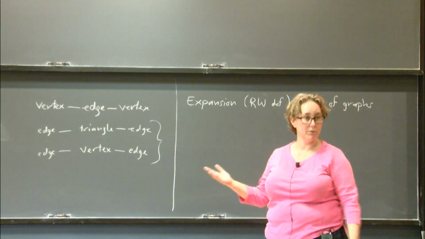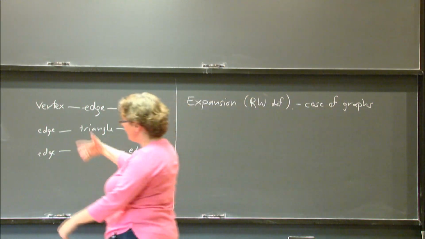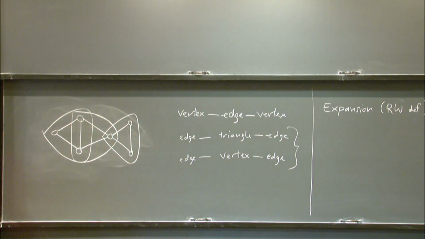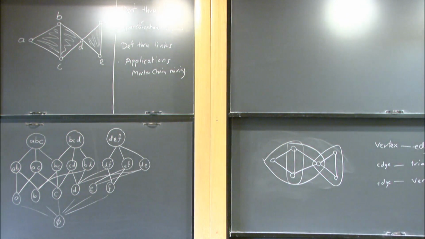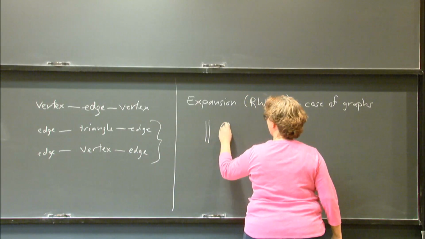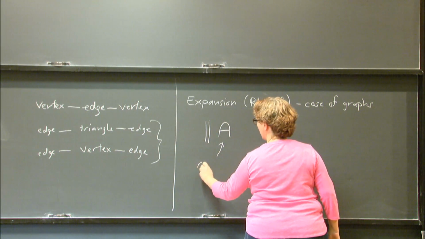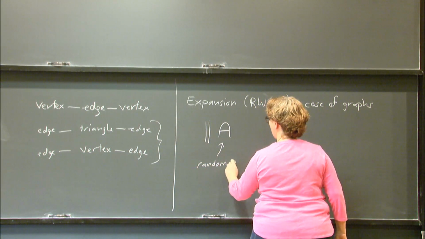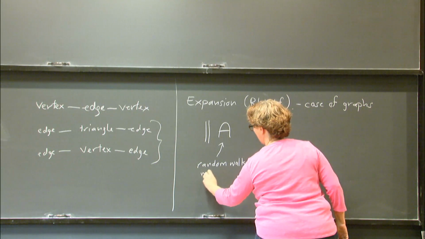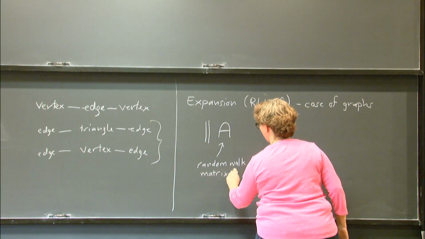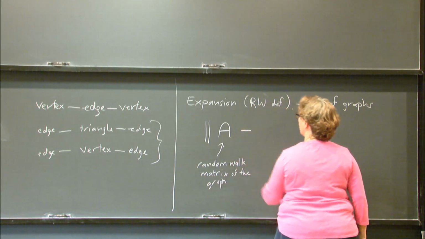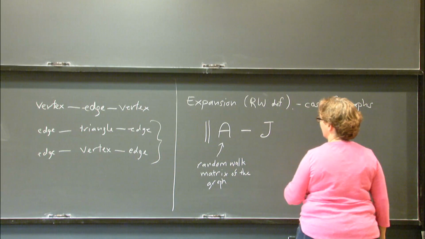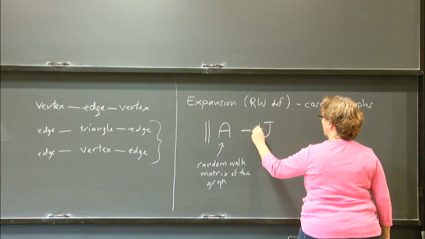Okay, so one very natural definition for expansion is to say that the random walk on the graph mixes. There are many different definitions, but the one that I want to talk about is if you take the random walk matrix of the graph, and you compare it to the all ones matrix, but maybe I multiply by 1 over n.